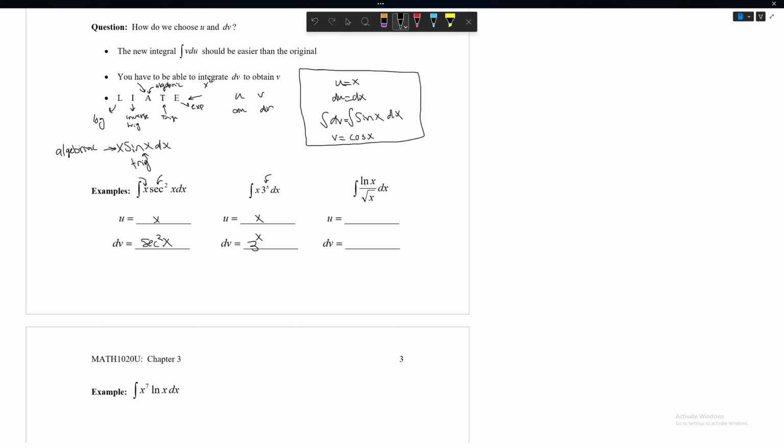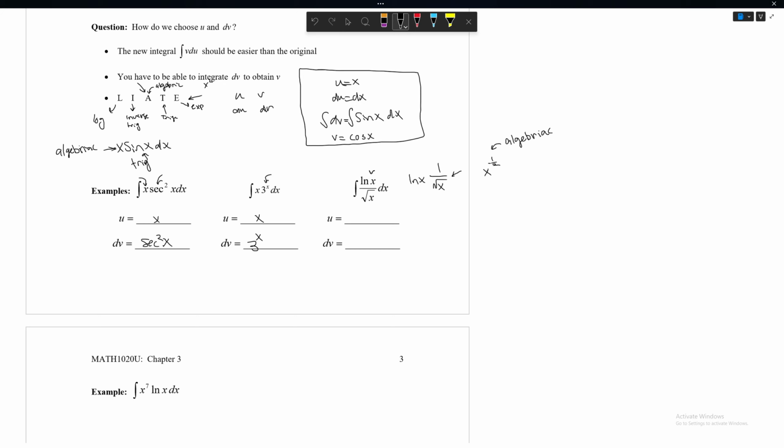Here, what this actually looks like if you rewrite it is ln x times 1 over root x, right? And so, well, what comes first? Ln x comes first. So we have ln x, and if you want to rewrite this, what you'll get is x to the negative 1 over 2. So this is actually algebraic.